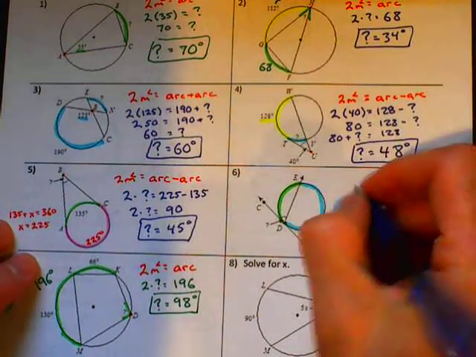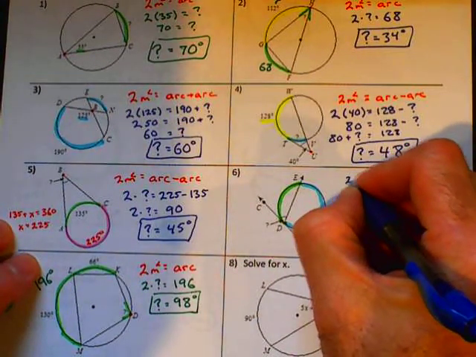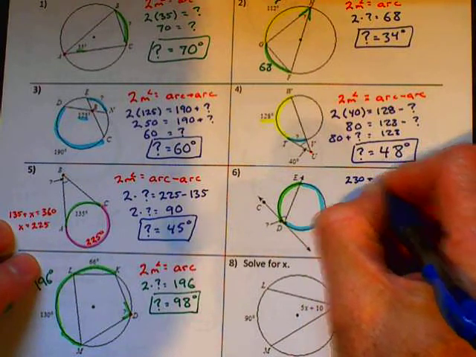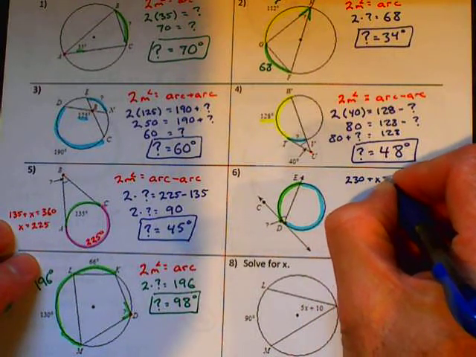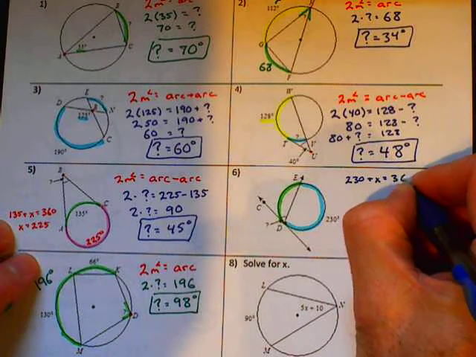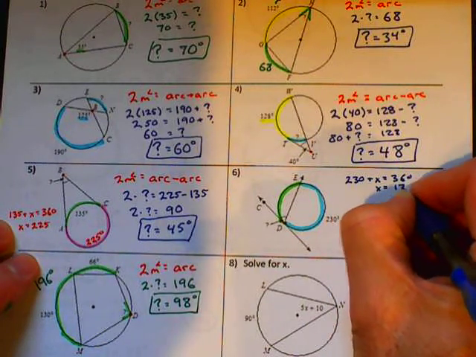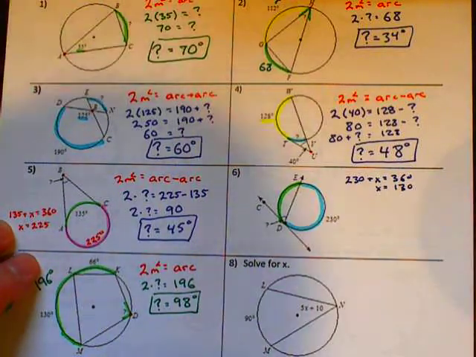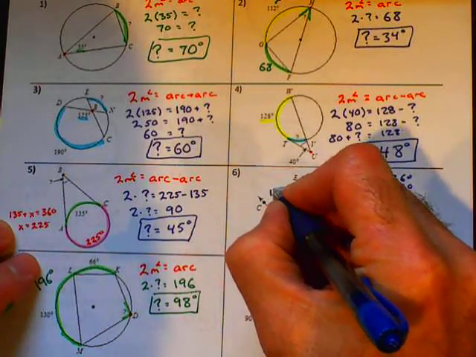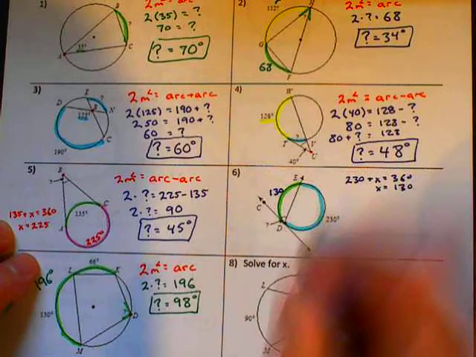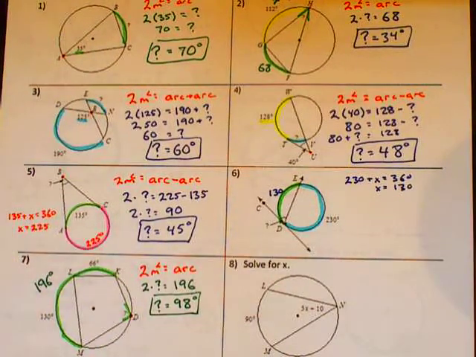So 230 plus x equals 360. That means that x must equal 130. That makes this 130 over here. These two added up to 360, and sure enough they do.